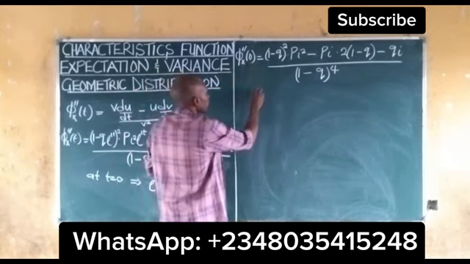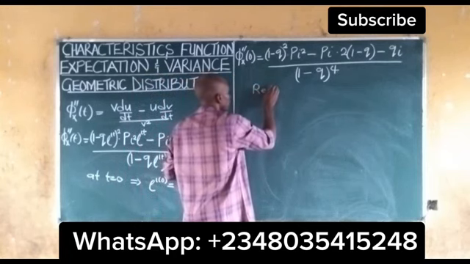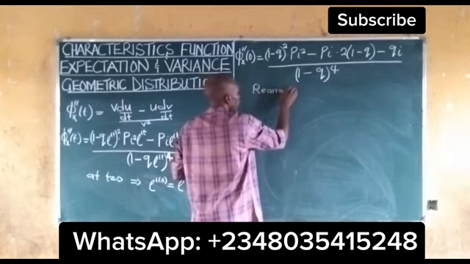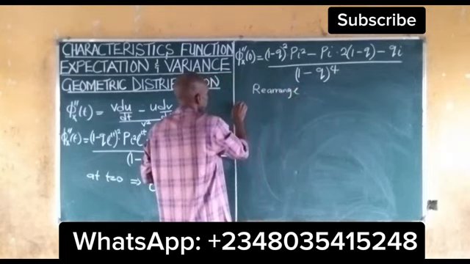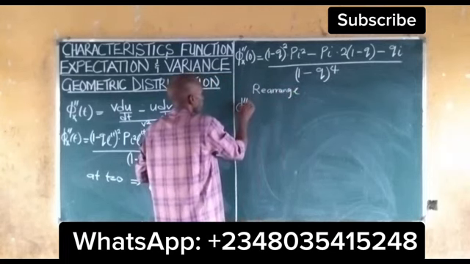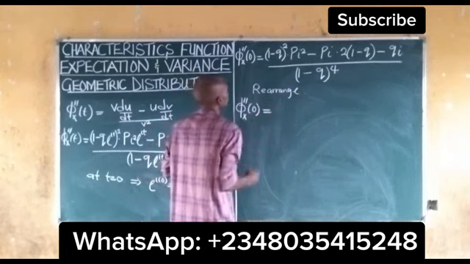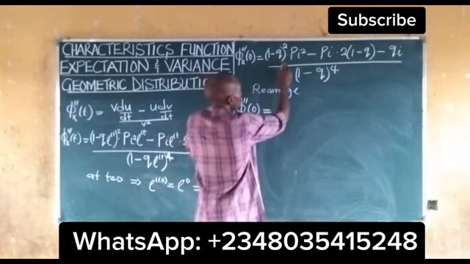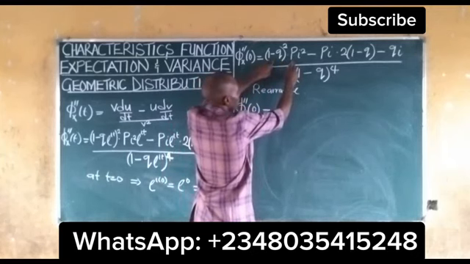The next thing to do is for me to rearrange this. Let us just arrange it. So we have that our characteristic function at t equal to 0 now becomes, let us rewrite this well.